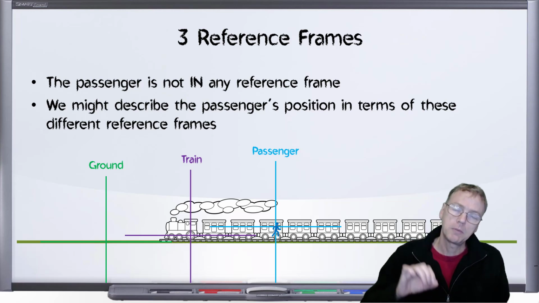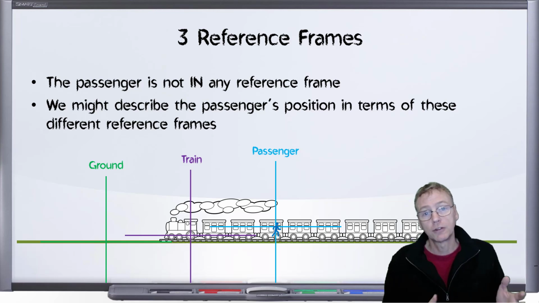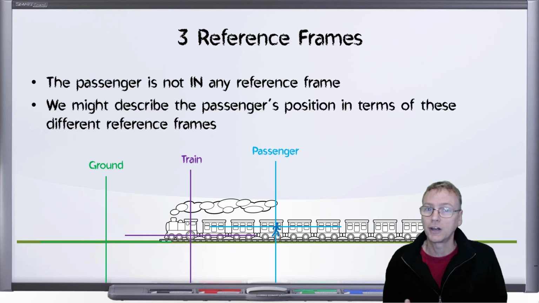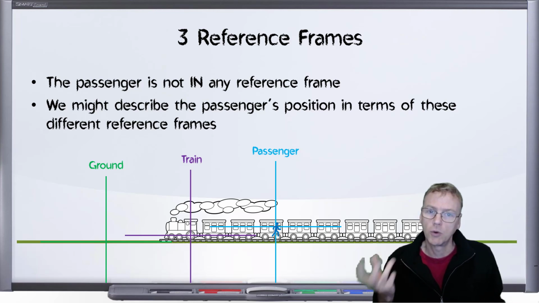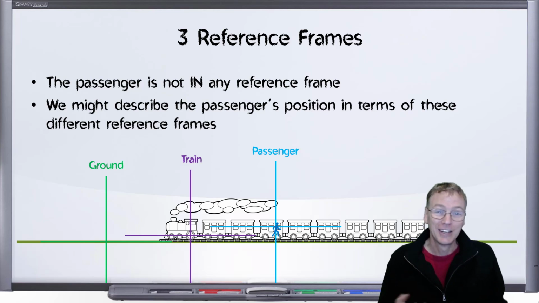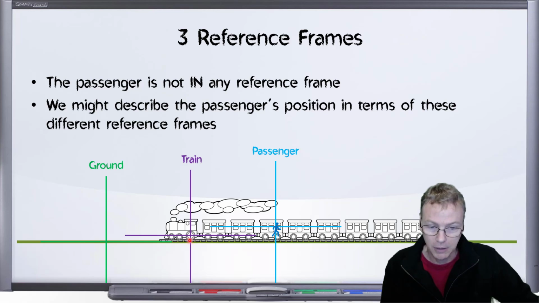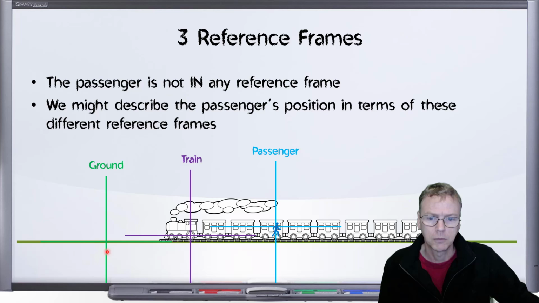So the passenger is not in any reference frame. We could describe the passenger's position in terms of whatever reference frame we want, but if we want to communicate, we'll have to be clear which reference frame we're describing, right? So if I say the passenger is currently 10 meters north, 10 meters north of what? 10 meters north of the train's reference frame, which is right here, or maybe is the passenger 10 meters north of this ground station that we've marked.